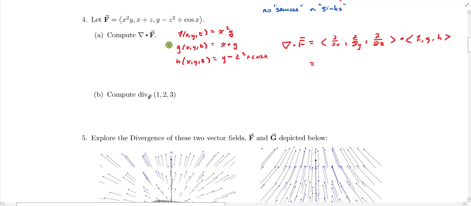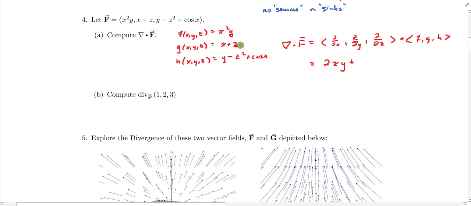So if we do that dot product, if we take the partial derivative of the first component function with respect to x, I get 2xy, plus, if I take the partial derivative of the second component function, folks, I have a mistake here when I copied this, it should have been a z.